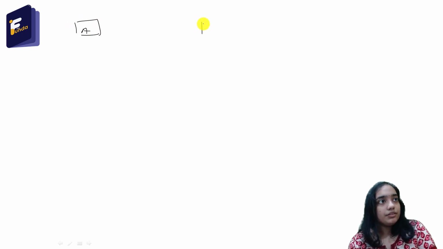So after 100 seconds, initially A was here, B was here. The distance between them was 1000 meter, and B was moving with 10 meter per second, and A with 20 meter per second.